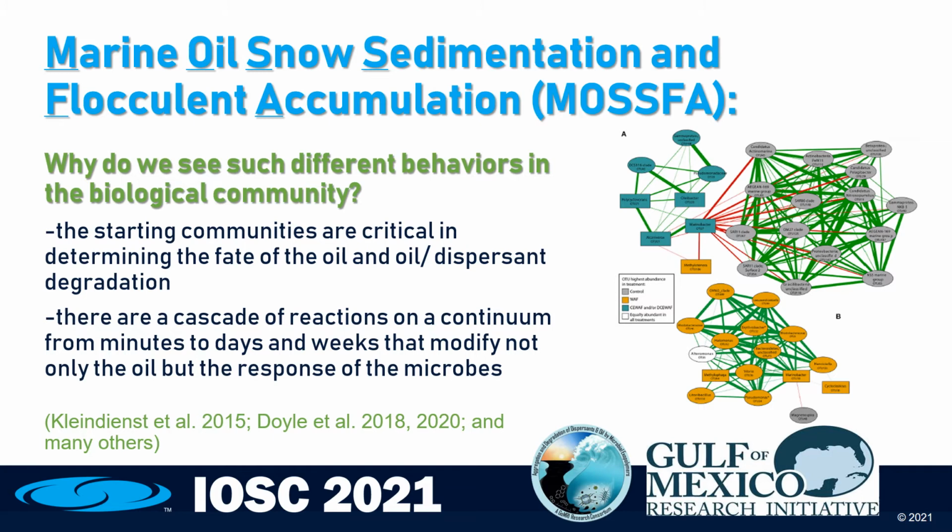And the oil plus dispersant has both the least amount of diversity and the least number of interactions taking place compared to the control and the oil only. And we see that concurrently there are differences in the flux of marine oil snow formation, but also in the flux and fate of the oil and the dispersant materials.